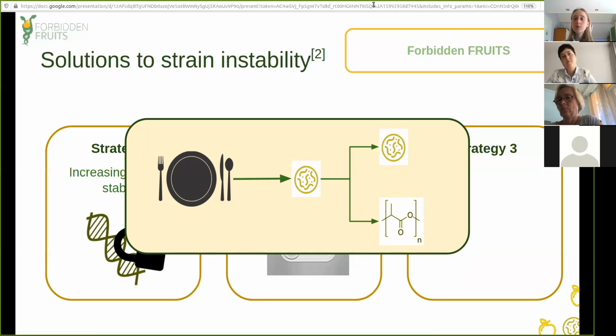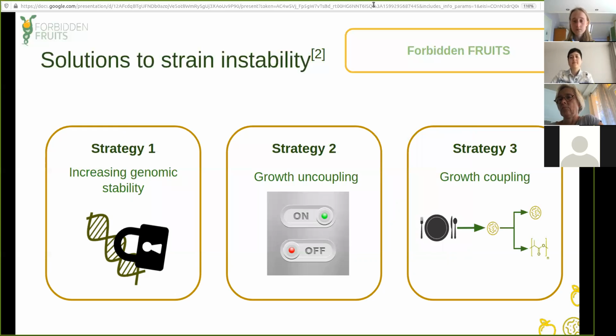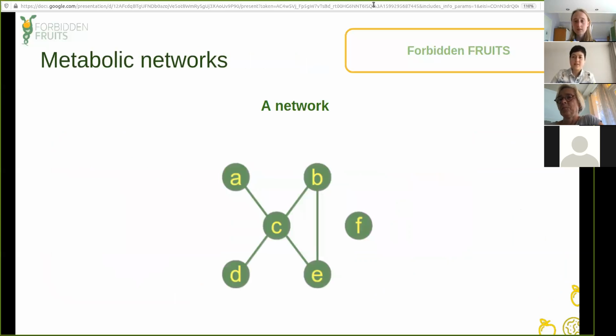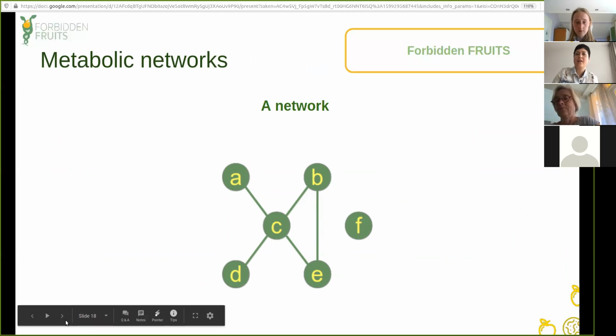So we first will explain a bit about networks, and then we'll go deeper into how we can growth couple, as we call it, the production with microbial growth. Yes, so we've been talking about this growth coupling, and to understand that, we will explain what a metabolic network is.